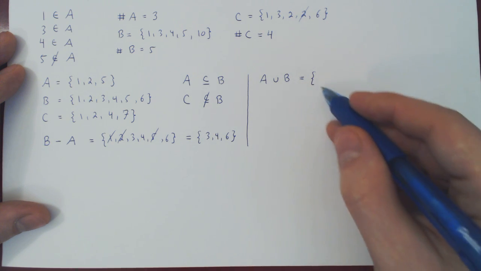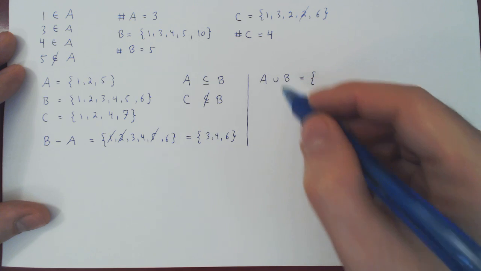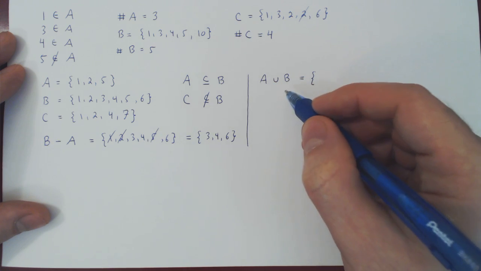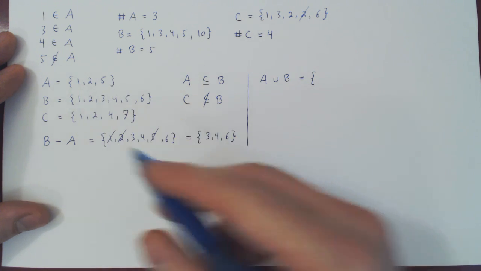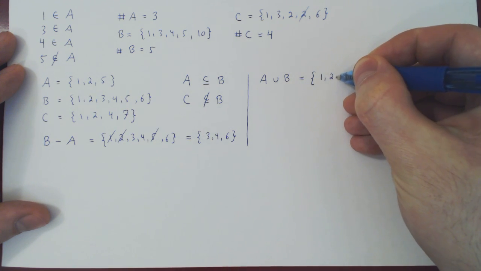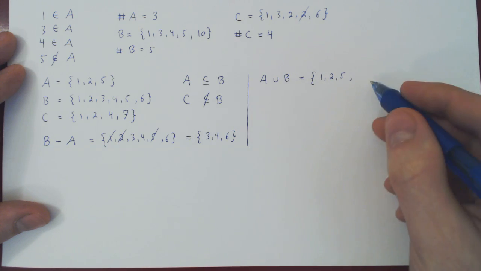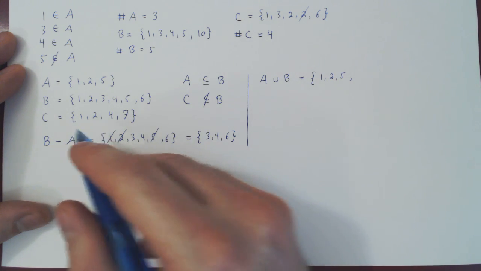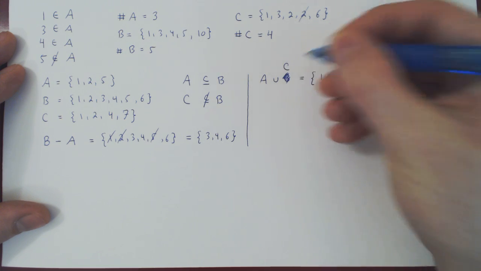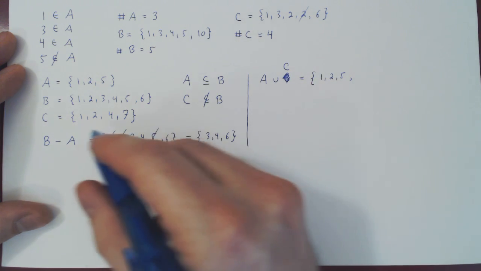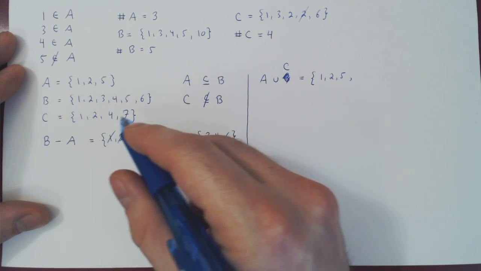So an element of the union between A and C is a member of A or a member of C. So we take all the elements in A, 1, 2, 5, and we throw in also all the elements of C, 1, 2, 4, 7.